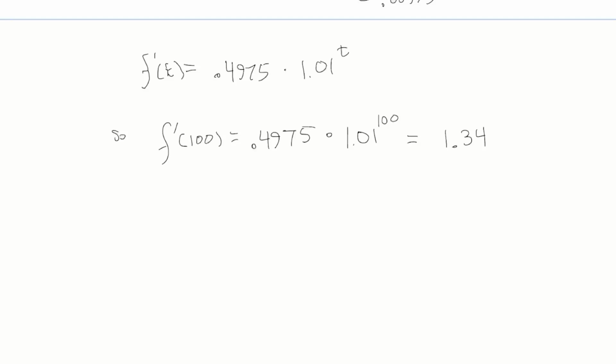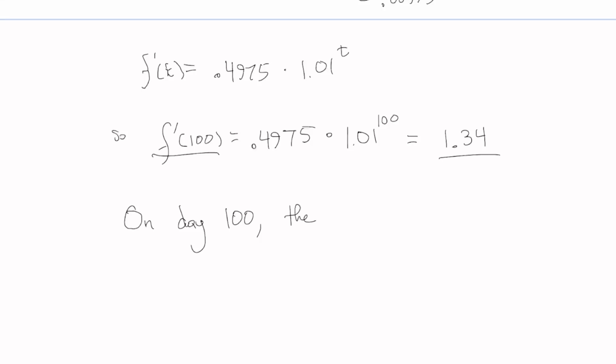If I wanted to be very specific, if you're going to write this in a sentence, your sentence should probably include the number 100 and also the number 1.34. What the 100 means is on day 100, the infection is growing by that many per day.